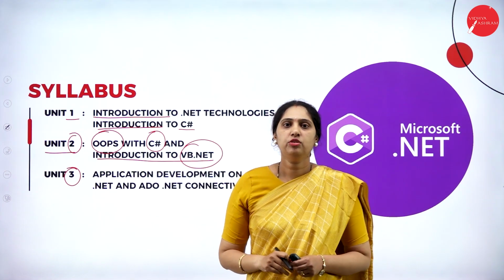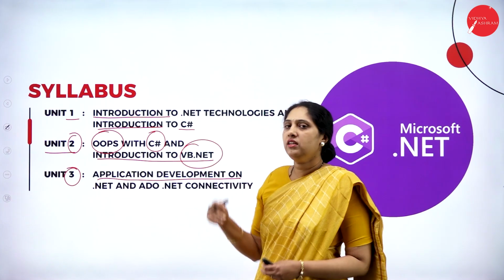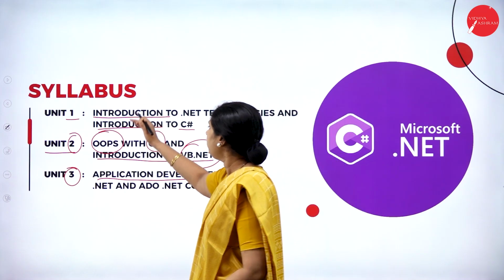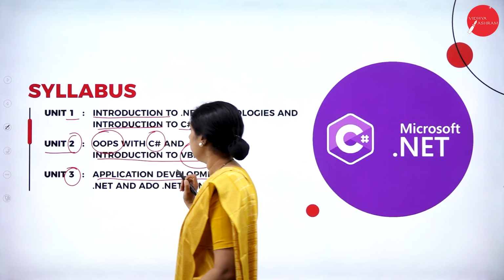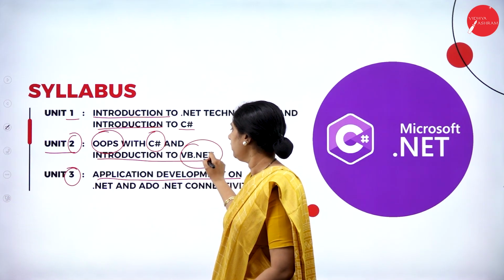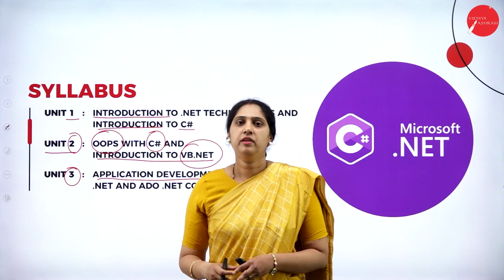When we come to Unit 3, it is application development. In Unit 1, it was introduction; we come across the web technologies and all. After introduction, in Unit 2, it is OOPs. When we study C# and VB.NET, at the end we are going to develop an application. What application?